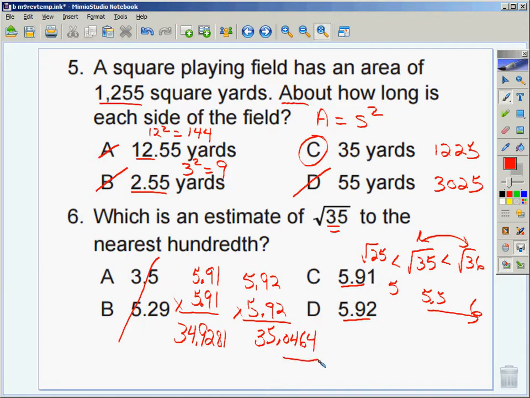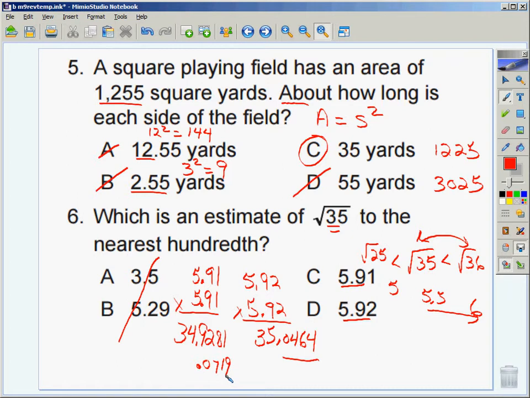This one's 0.0464 away. This one's, let's see, 34.9281 and 35.0719 away.